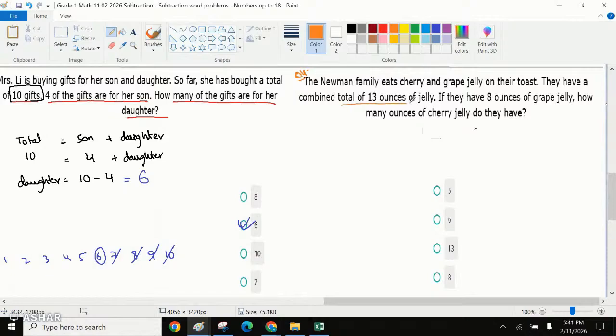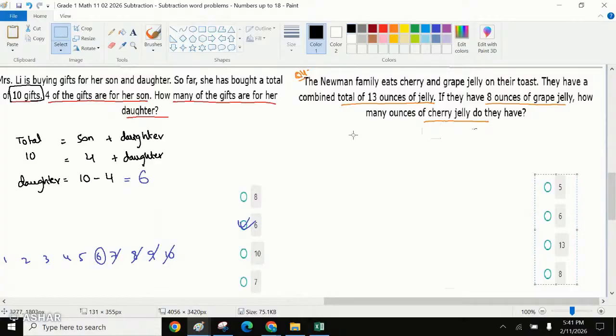If they have total 13 ounces, 8 ounces of grape and the remaining is cherry. So we know that we had a total that was 13. Grape jelly was 8. The remaining was the cherry jelly, right?